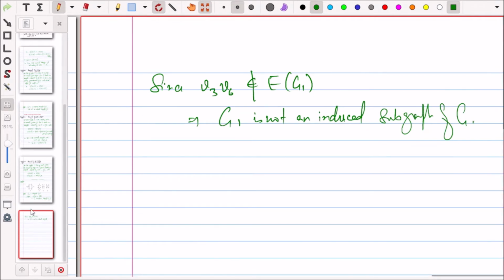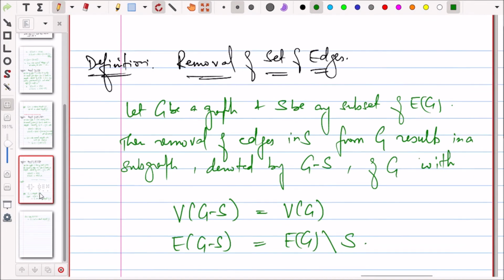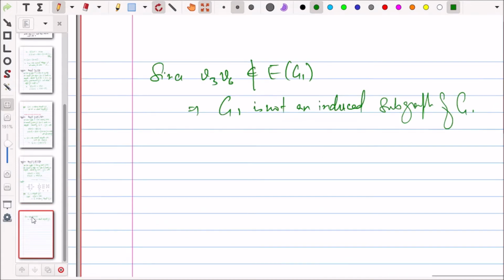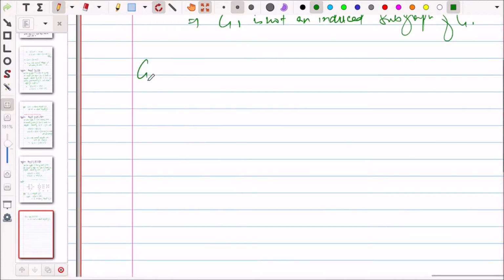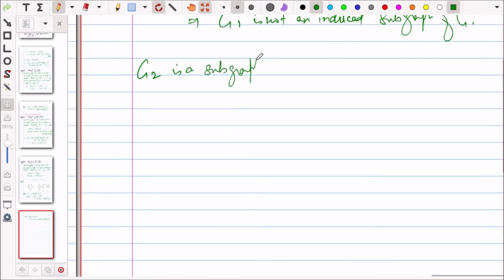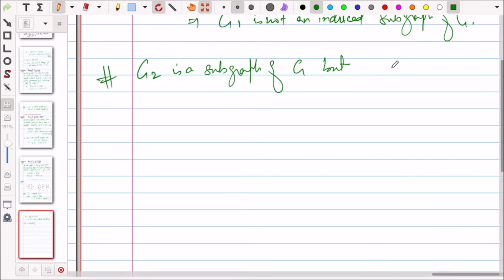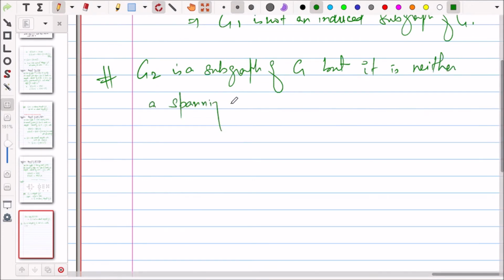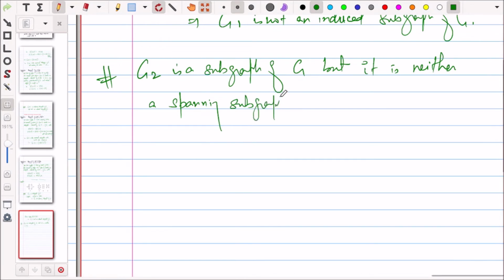Now come to G2. G2 is a subgraph of G, but it is neither a spanning subgraph nor an induced subgraph, right? G2 is a subgraph of G, but it is neither a spanning subgraph. Why? V5 is not there.